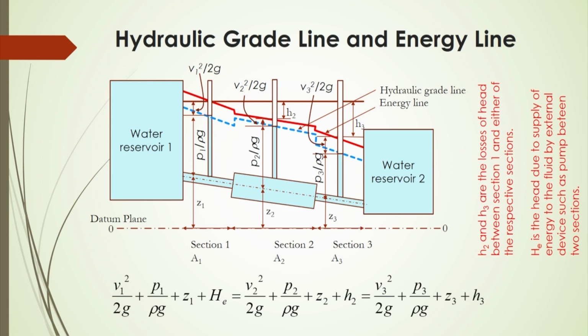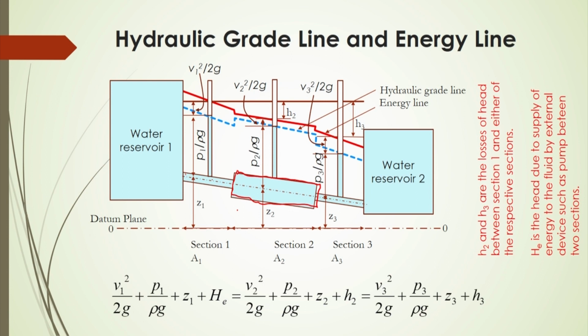Now, another important aspect of fluid flow based on this energy principle is the hydraulic grade line and the energy line. We know that the total energy will remain constant as per the principle of energy. Suppose water is allowed to flow from one reservoir to another at a different elevation level, and whenever it flows through the pipe, we change the cross section of the pipe somewhere.